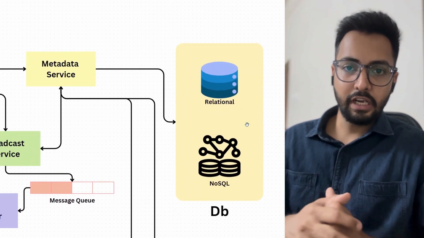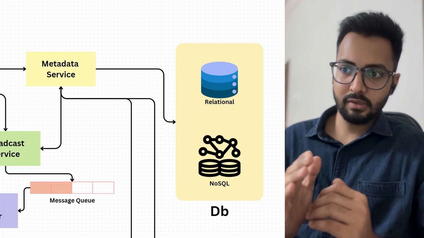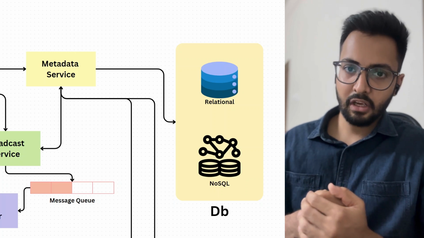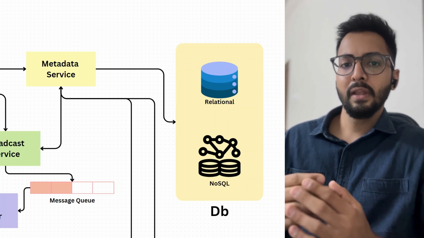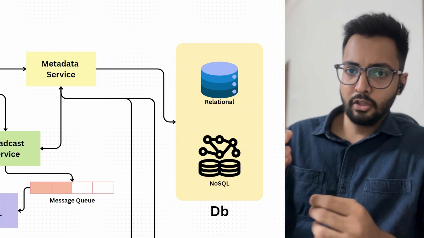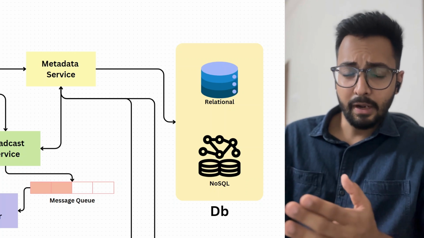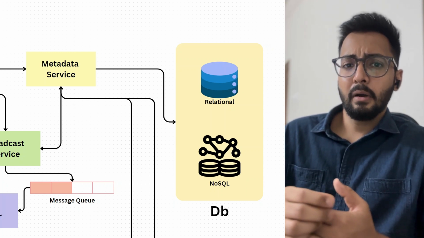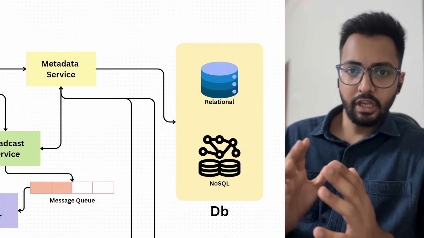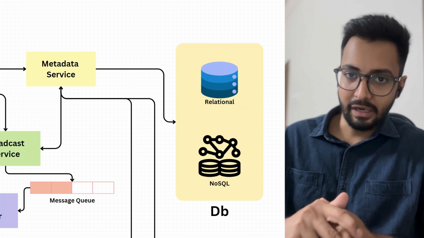Now when I talk about the database, we would consider both relational and NoSQL databases, because both are used in Instagram. A relational database is used for structured data like user mapping, followers mapping, like and comment mapping, the mapping of posts and so on. All this structured data is stored in a relational database where data consistency is to be maintained.